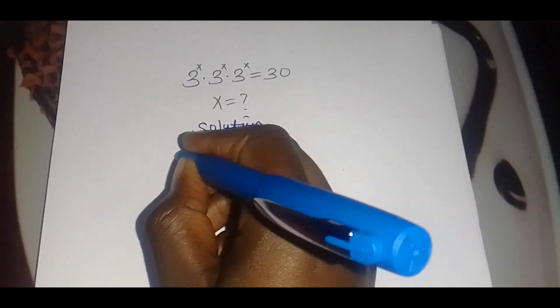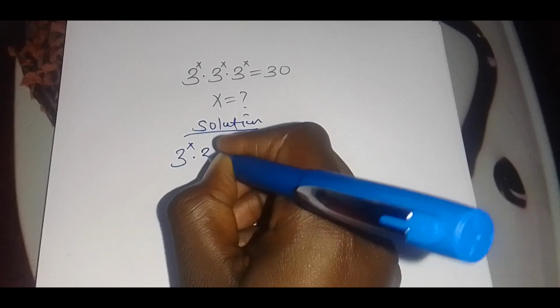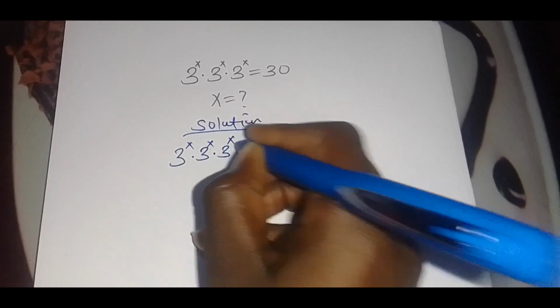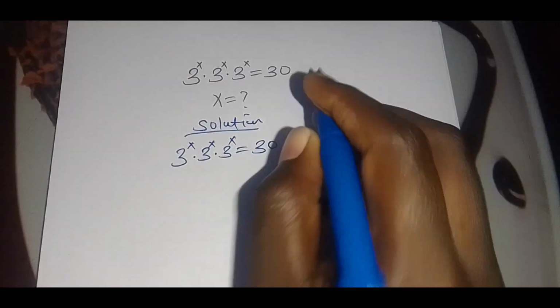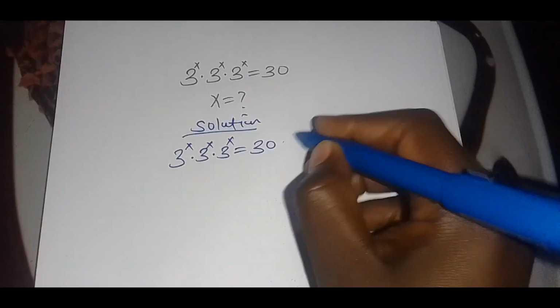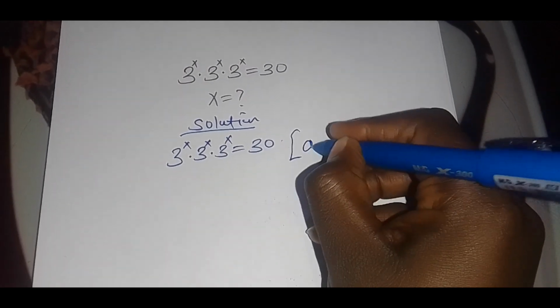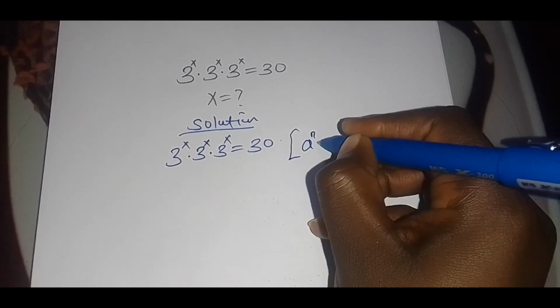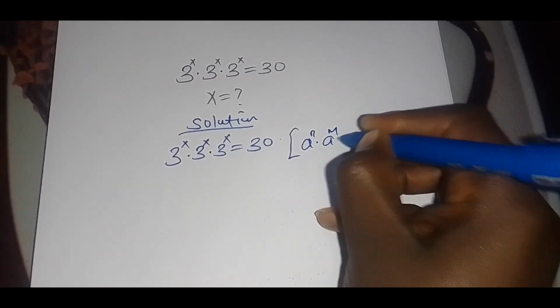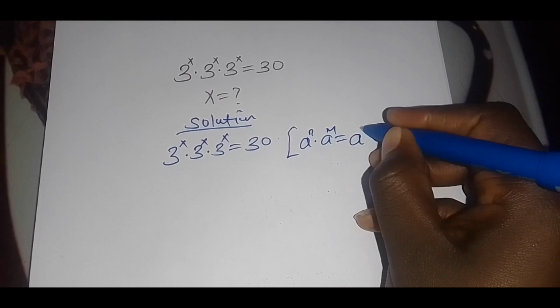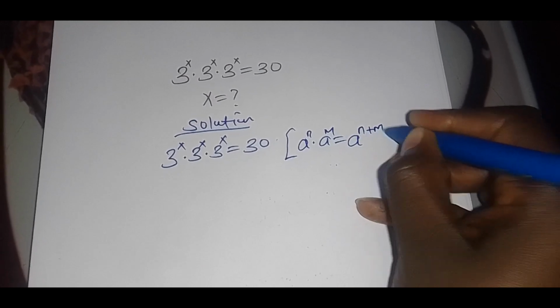So we have 3 raised to power x multiplied by 3 raised to power x multiplied by 3 raised to power x, equal to 30. Remember the indices identity that states a raised to power n multiplied by a raised to power m can be expressed as a raised to power n plus m.